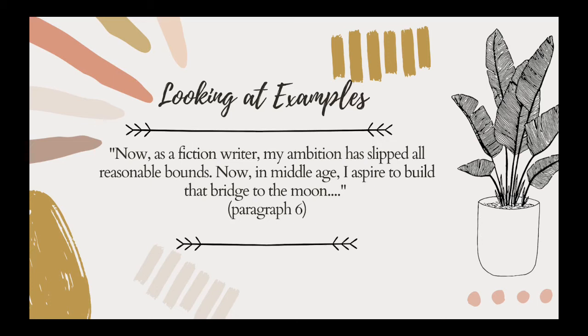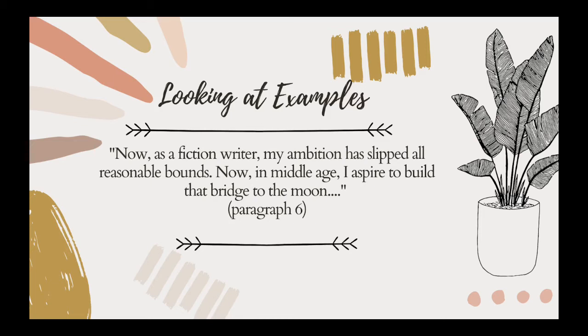And she's moved her way through her feelings towards being a writer. And now she says, now as a fiction writer, my ambition has slipped all reasonable bounds. Now in middle age, I aspire to build that bridge to the moon.